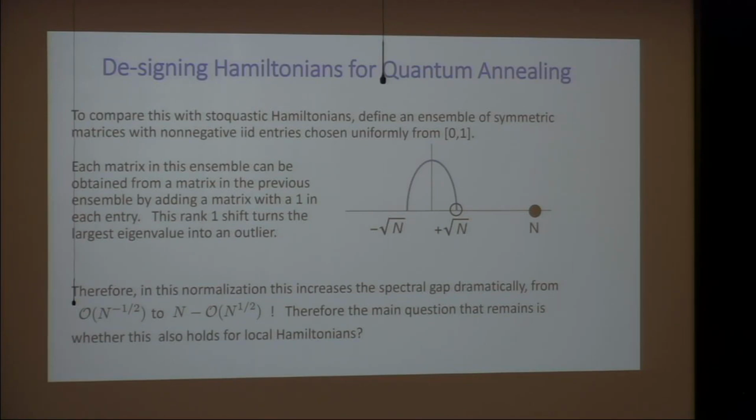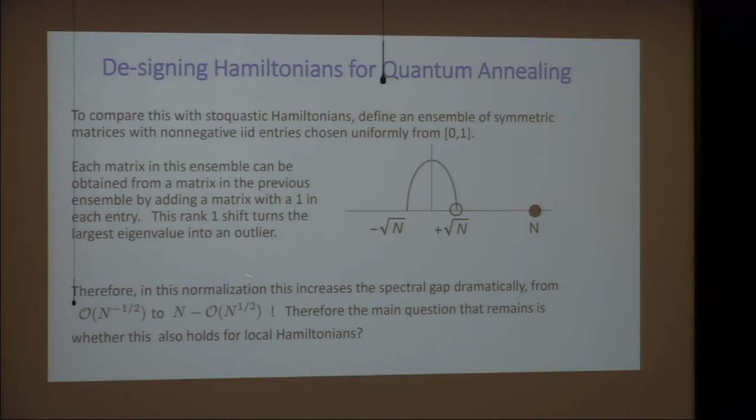And here's the key point. Each matrix in this new ensemble of non-negative matrices can be obtained from a matrix in the previous ensemble by adding a giant matrix with a 1 in each entry, and you just shift things up and then divide by 2 if you want to normalize it.